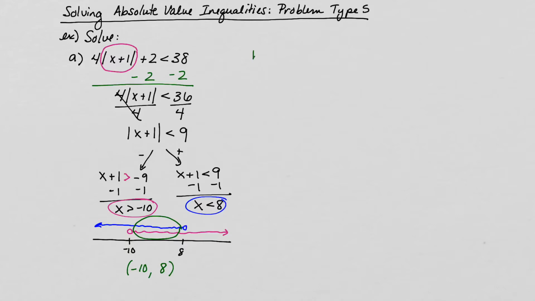So part B, oops, keep doing that, keeping a different color. So part B here, let's try this problem. 7 times the absolute value of x plus 3, minus 1, is less than negative 29. Again, here's that absolute value part. That's the part we want to get all by itself.